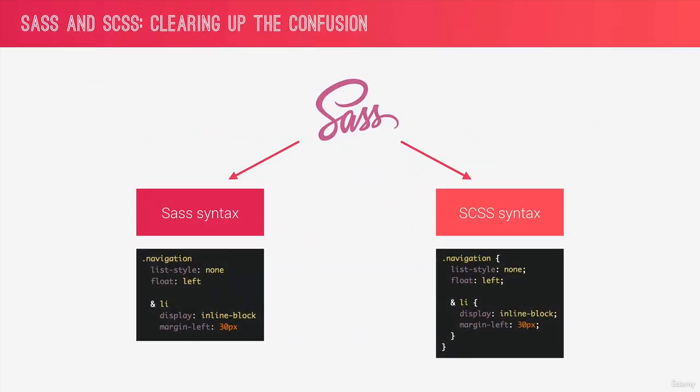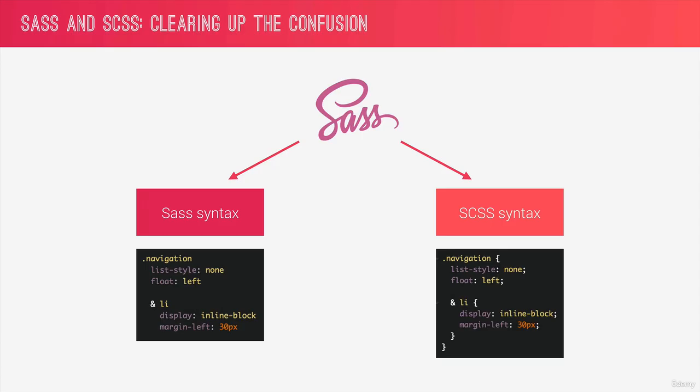And now, one other thing before we start writing Sass, maybe you have been Googling Sass before and looked at some Sass code and seen different ways that the code looks. And that's right, there are actually 2 Sass syntaxes, which can be quite confusing, so let's clear that up. So one syntax, which is actually the original one, is just called Sass, like the language, and the other one is called SCSS, which stands for Sassy CSS.